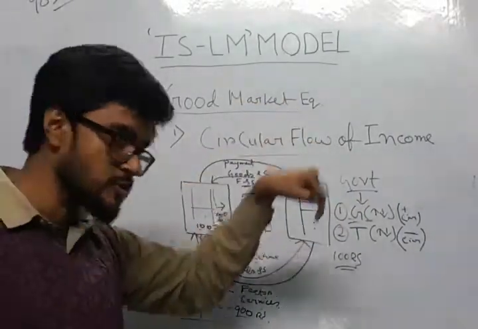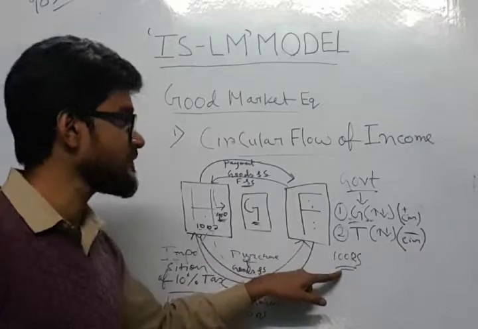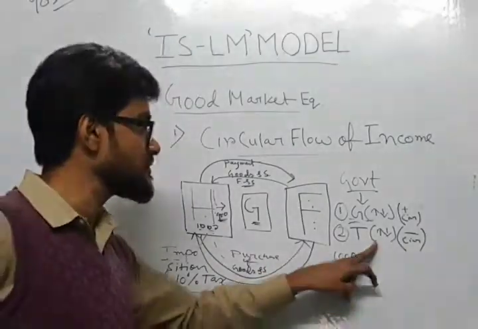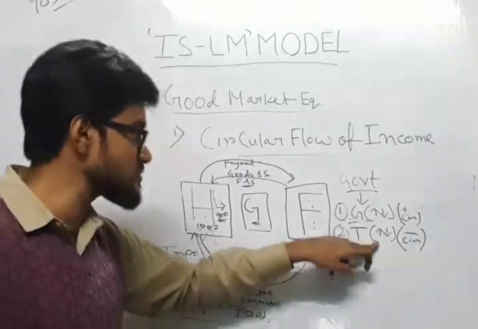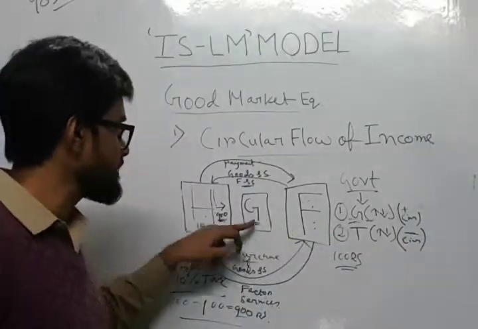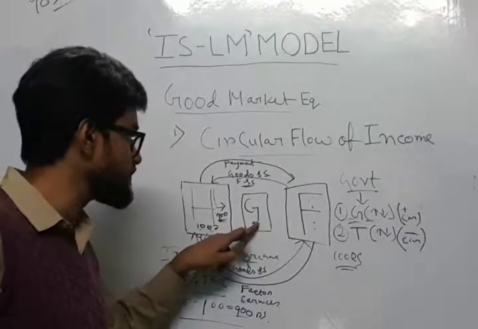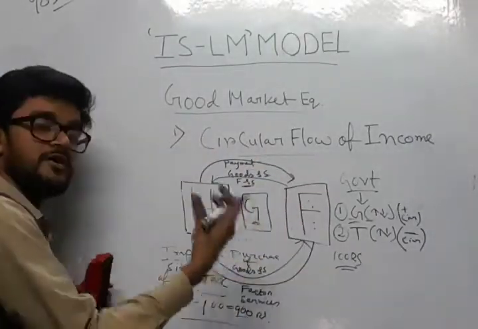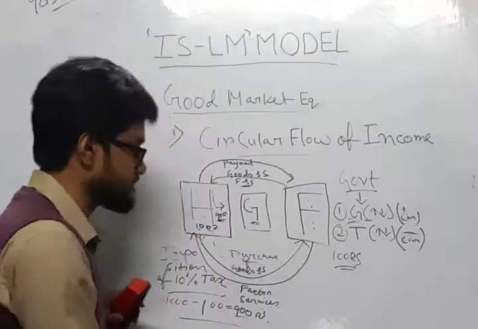Due to imposition of that tax, the reduction in income has to be compensated with an increase in government expenditure. So this way, even with the emergence of the G component, the goods market can retain its equilibrium.